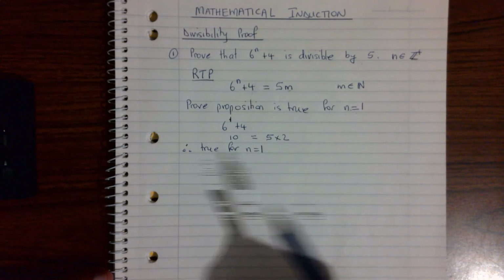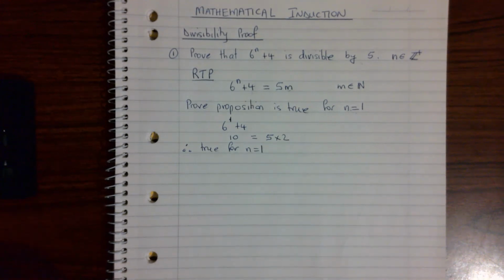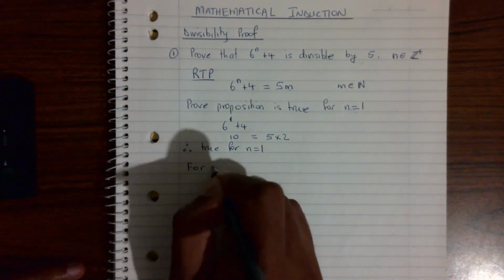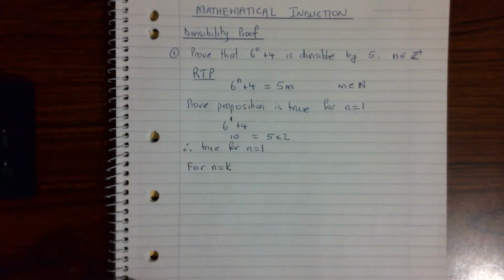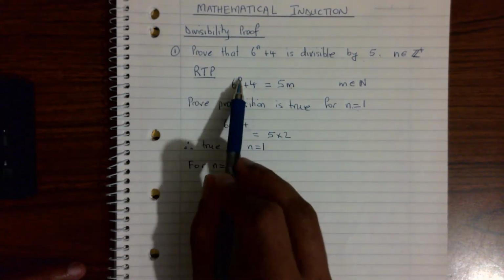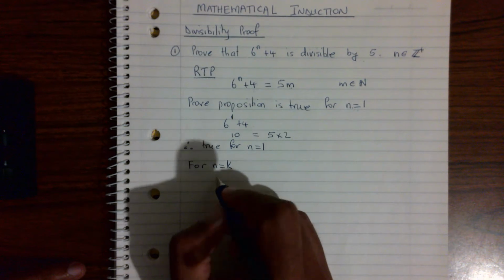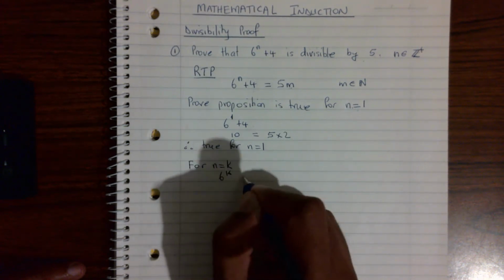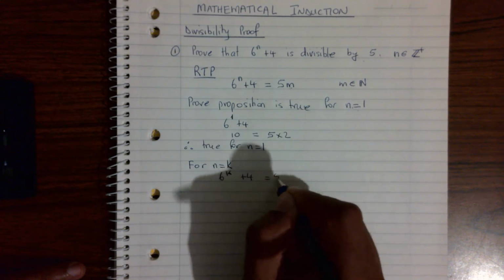Now, going back to it, the next one would be n is equal to 2. However, what we do is we say for n is equal to k, which becomes your second step. So you substitute your n to be k. You have 6 to the power k plus 4 equals 5m.